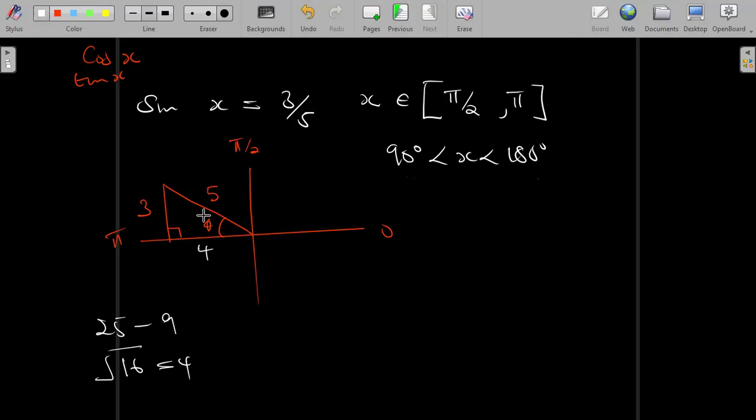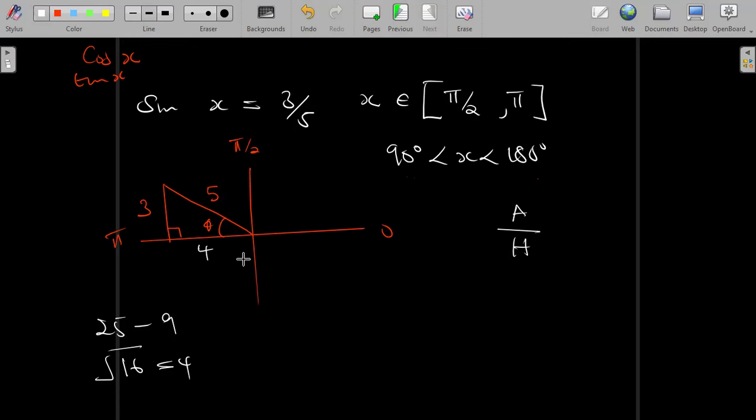Now I need to find cos x. Cos x is adjacent over the hypotenuse. So my adjacent is 4 and my hypotenuse is 5.